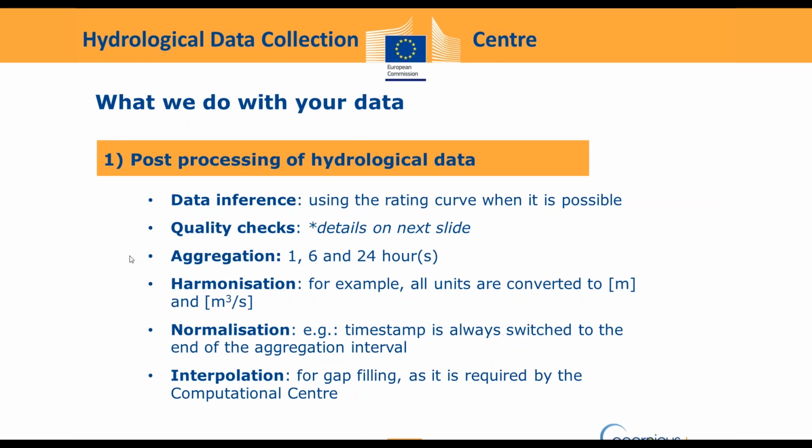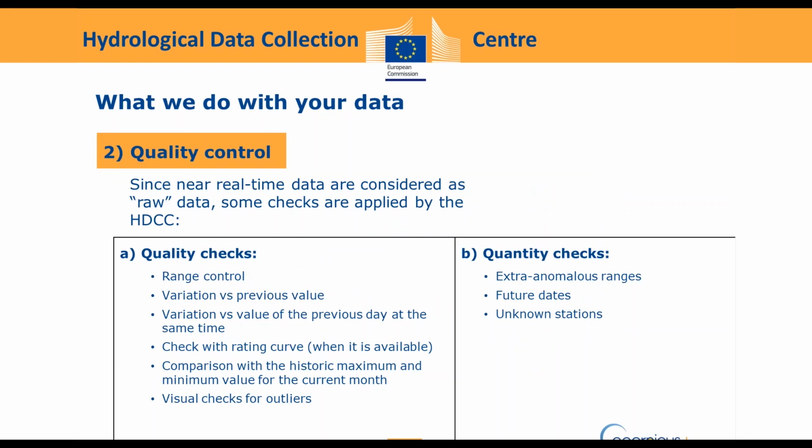Other processes we do with your data are the quality controls. Since near real-time data are considered as raw data, we need to apply some checks to data. So the Hydrological Data Collection Centre applies two kinds of checks: the quantity and the quality ones.